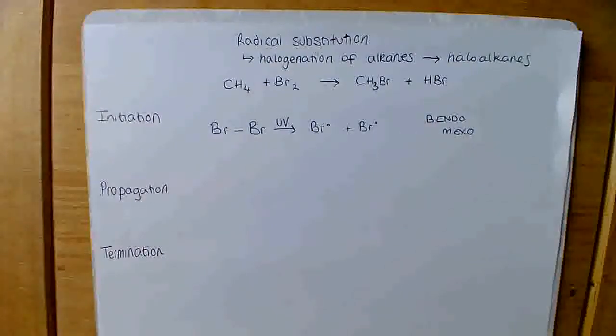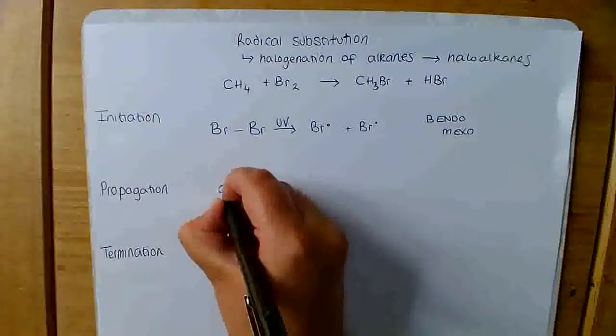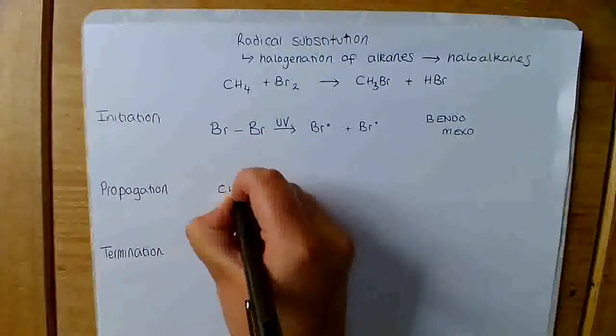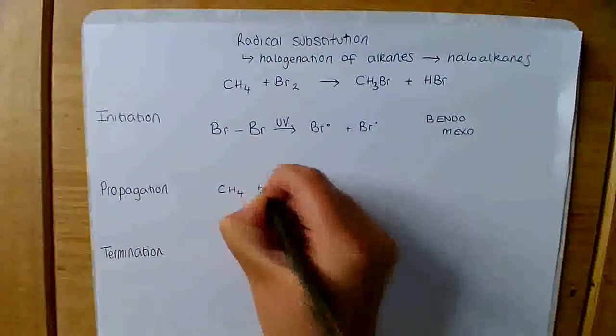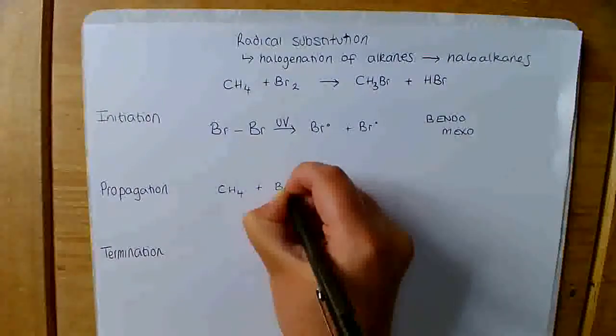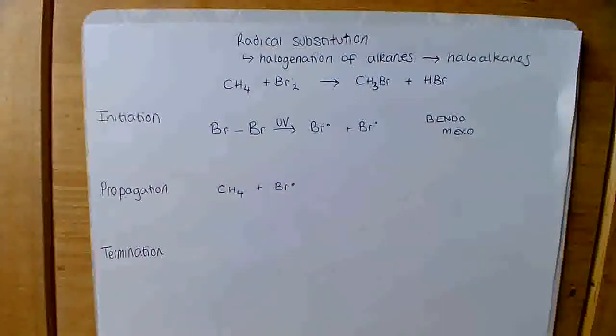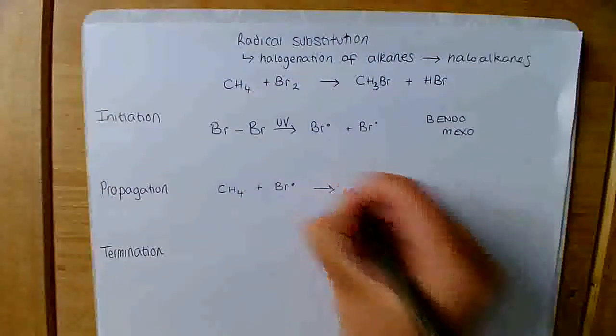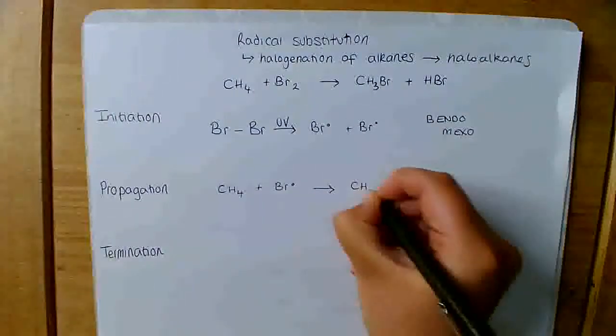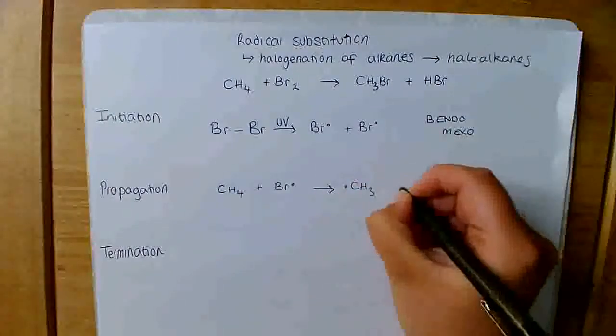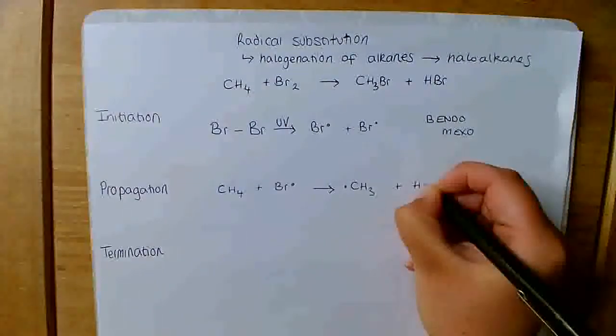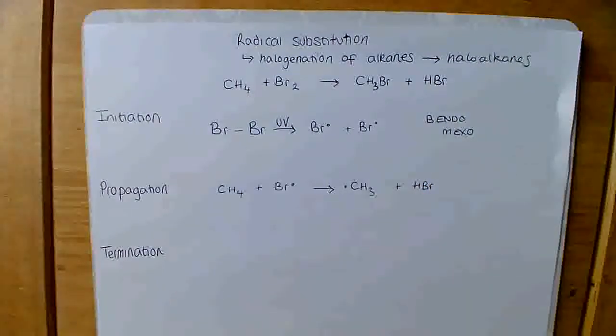We then move on to the propagation. The propagation stage or steps happen in 2 stages. In the first step, the alkane, which in this case is methane, reacts with the bromine radical that was formed in the previous step. When they react together, we form a methyl radical and we form our hydrogen bromide molecule.